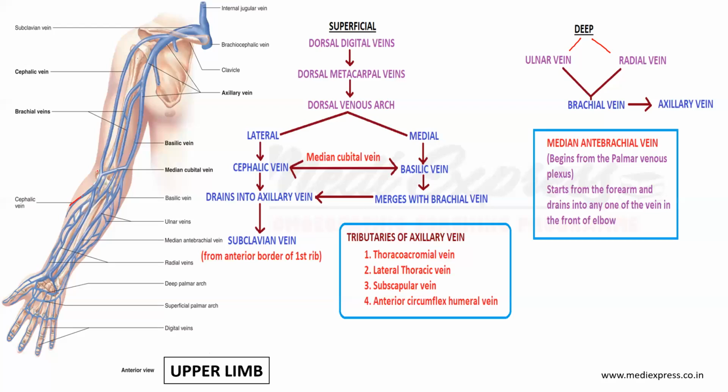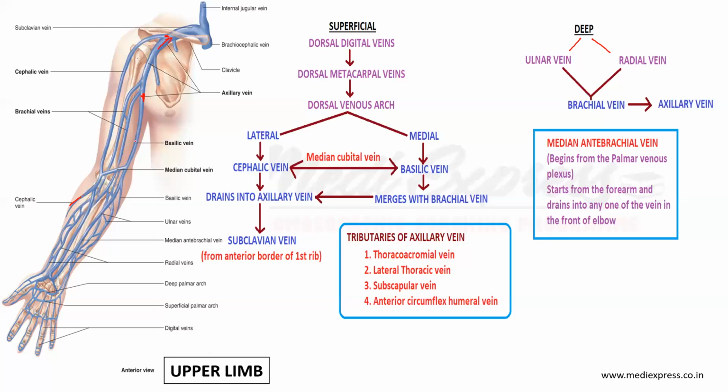It drains directly into the axillary vein, and you can see the cephalic vein goes directly into the axillary vein. The axillary vein again continues as the subclavian vein. Very easy. So remember, on the lateral side, it runs as the cephalic vein.